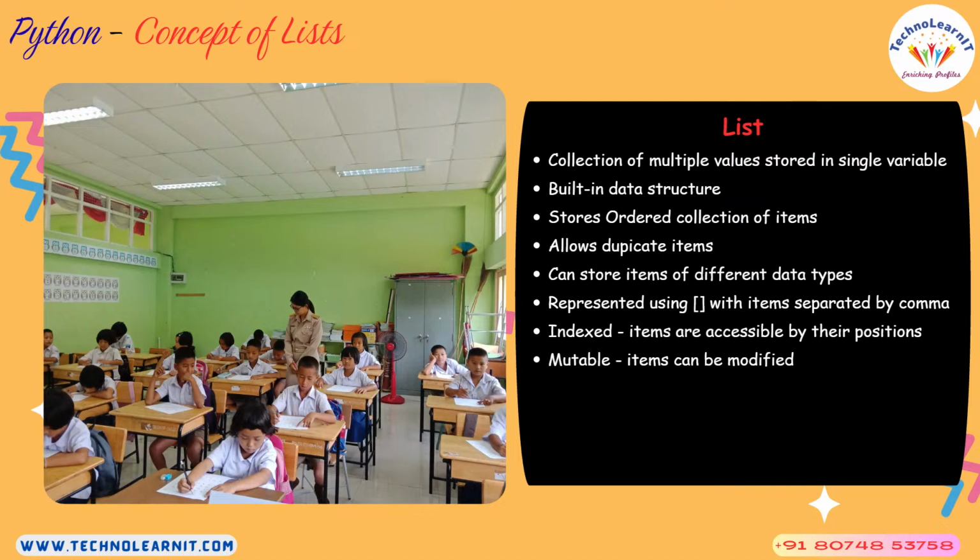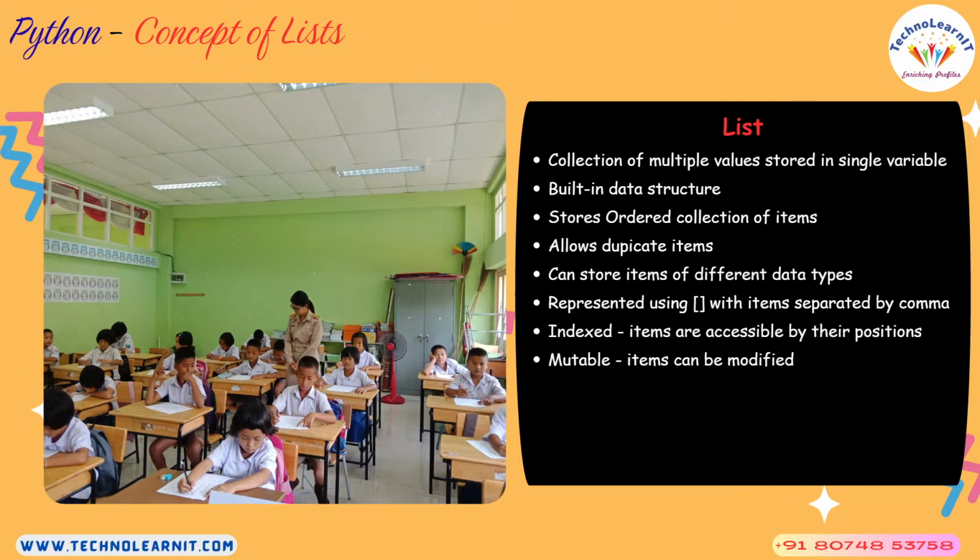A list is represented using square brackets, and the items within the list are separated by commas. That's what we're going to see very soon. Keep in mind that a list is indexed. What indexing is, and how an index helps us deal with elements in the list, we are going to see practically in some time.